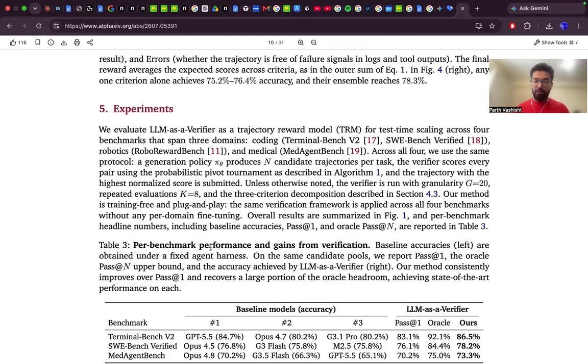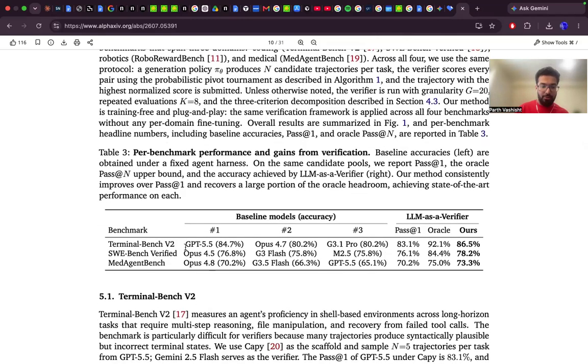Unless otherwise noted, the verifier is run with granularity G equal to 20, which is repeated 8 times, and we have three criterion decompositions that take place. The results were reported as such, where we show per benchmark performance and gains from verification.